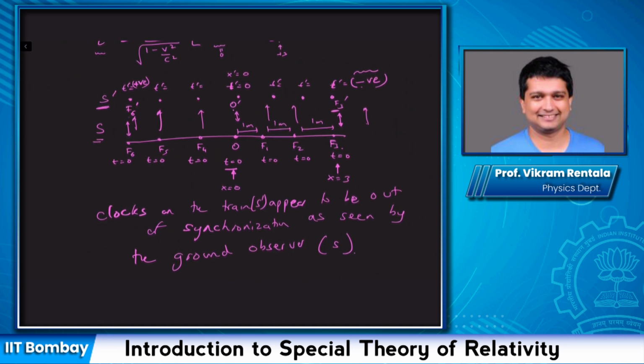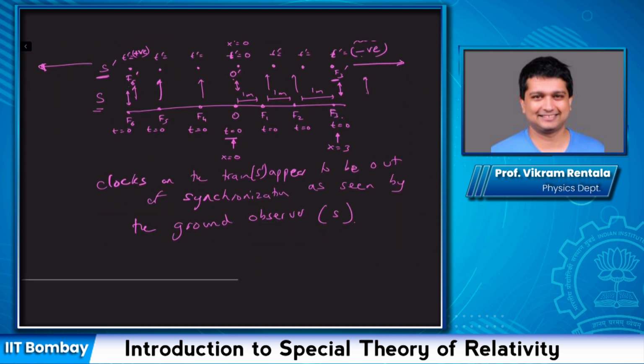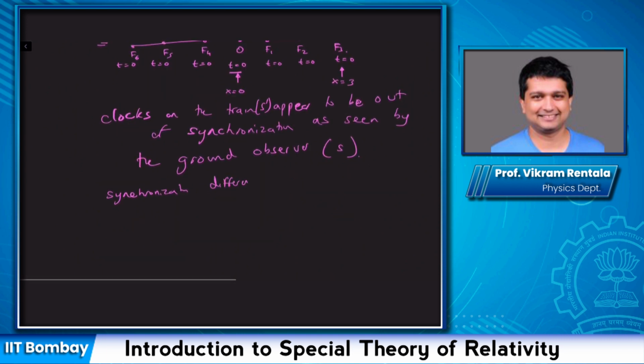And not only do they appear to be out of sync, the synchronization grows worse as you move further to the right or further to the left. These clocks look like they are showing more and more negative times. So synchronization appears to be worse further away from the origin.